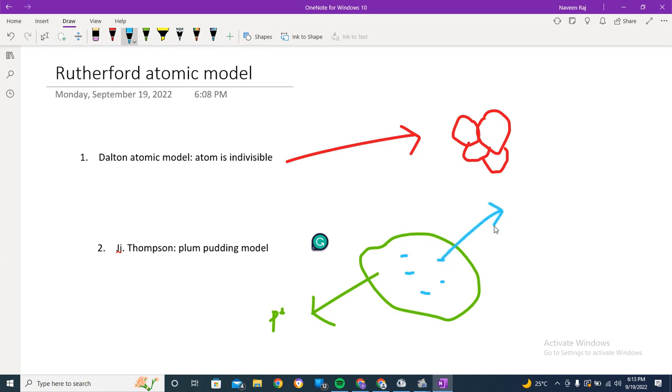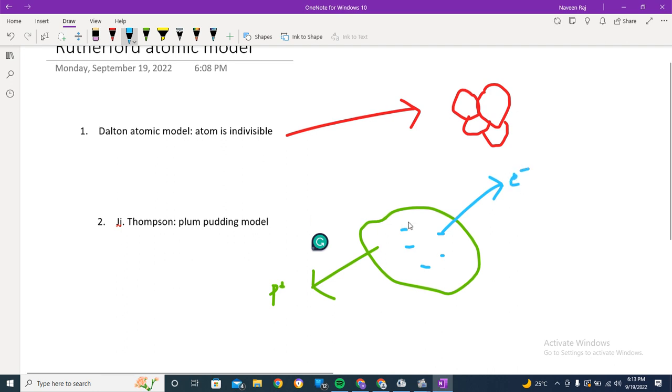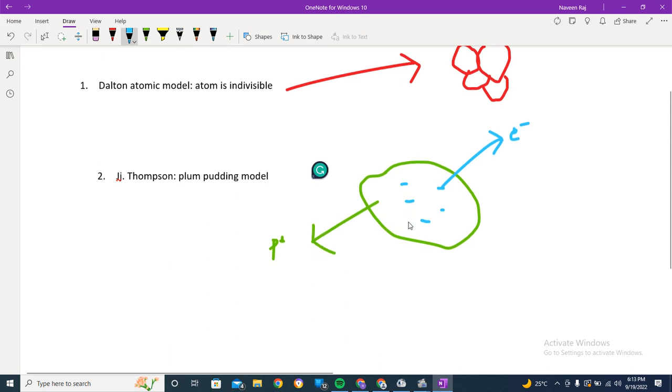They are just randomly arranged, like peanuts in a dish. So this was the J. J. Thomson model.